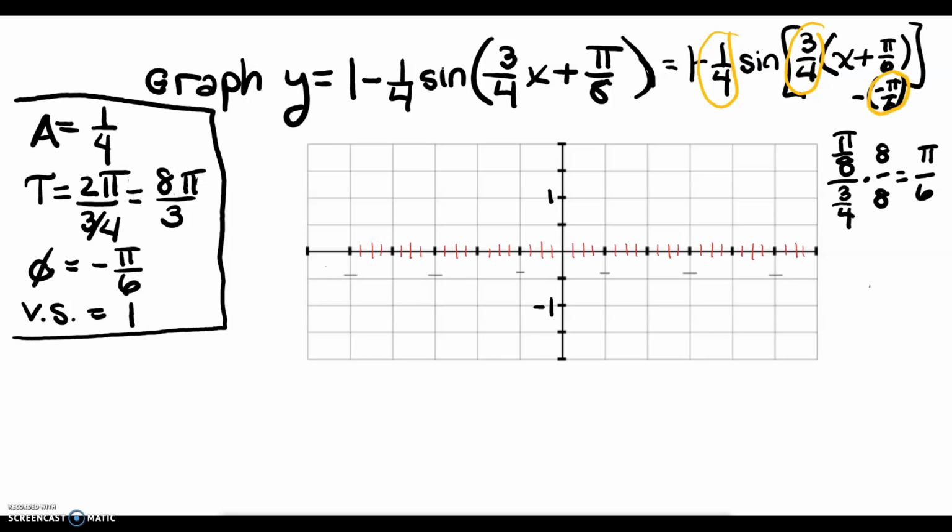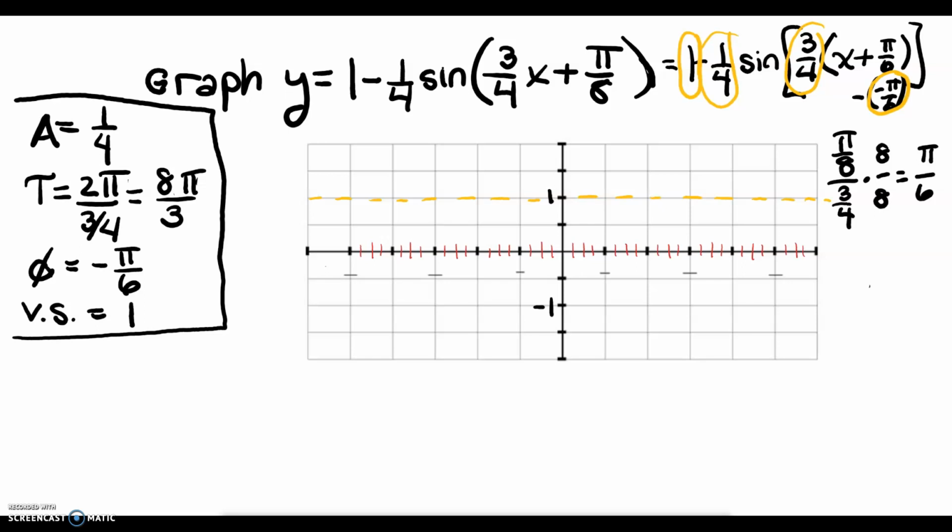My phase shift is negative pi over 6, and my vertical shift is 1. So again, I'm going to mark off my vertical shift, and I'm going to use 2 to mark it off because I know my amplitude is a quarter, which means this graph is going to be really flat again. And I kind of want to see what it looks like.